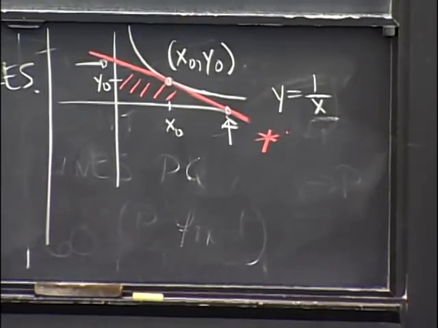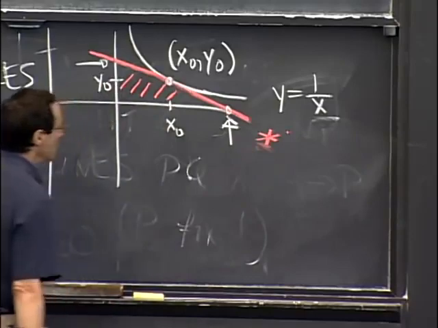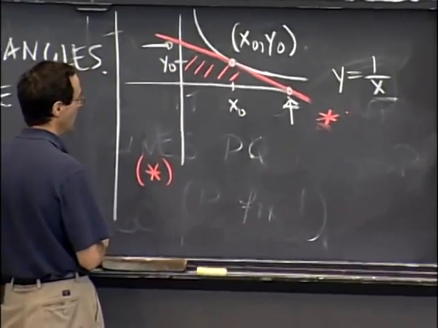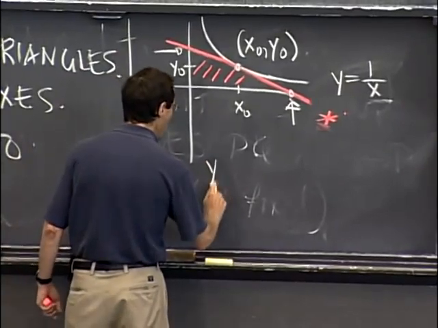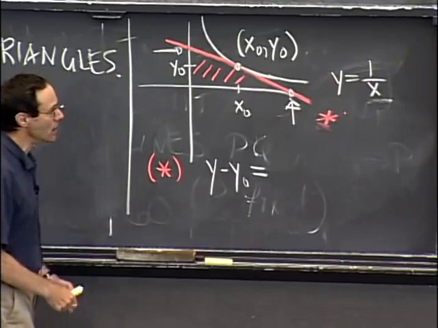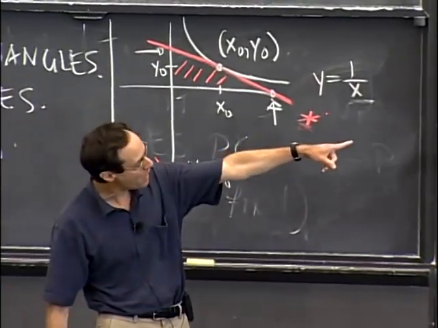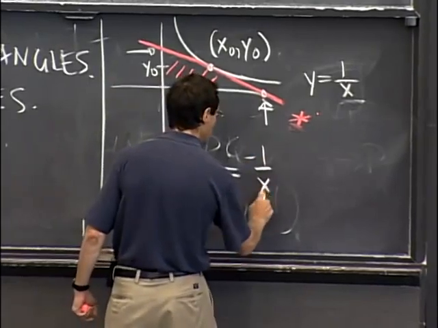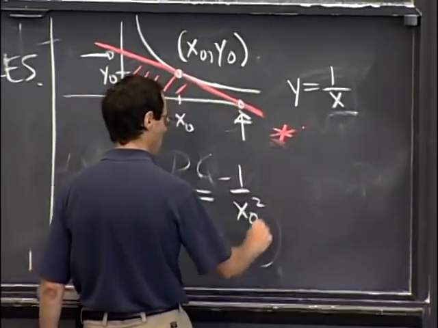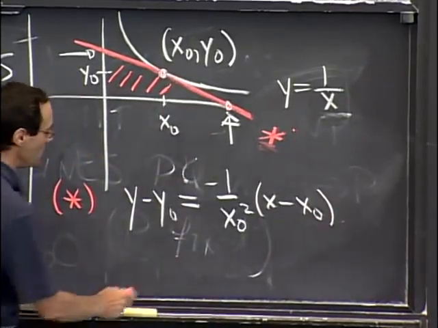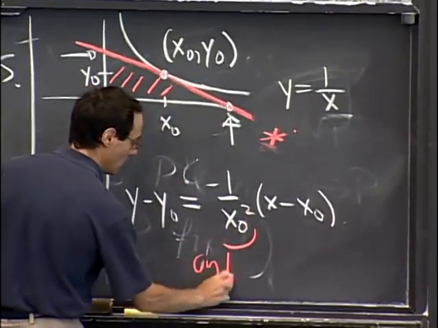It's just that slope that we need. So what's the formula for the tangent line? Put that over here. It's going to be y minus y0 is equal to, and here's the magic number. We already calculated it. It's in the box over there. It's minus 1 over x0 squared, x minus x0. So this is the only bit of calculus in this problem.